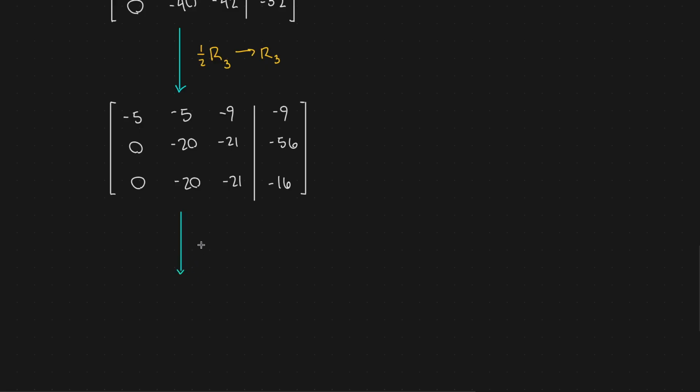So what I'm going to do is take -1 times row 2 and add it to row 3, and that will be my new row 3. Because -1 times this plus this will give me 0 right here.